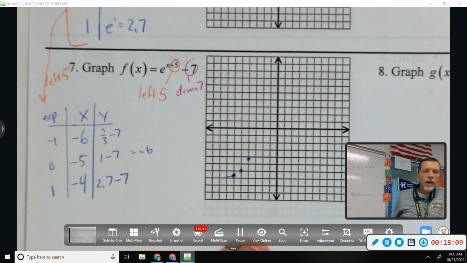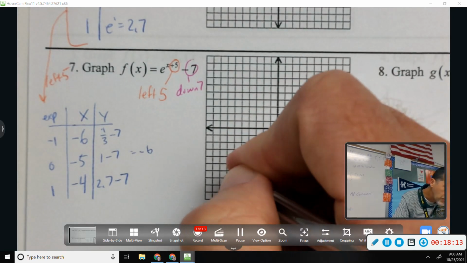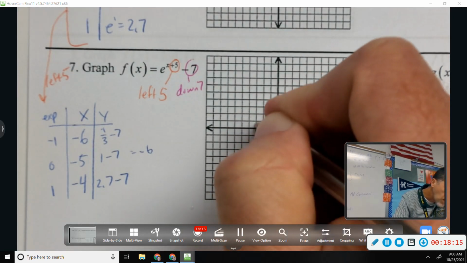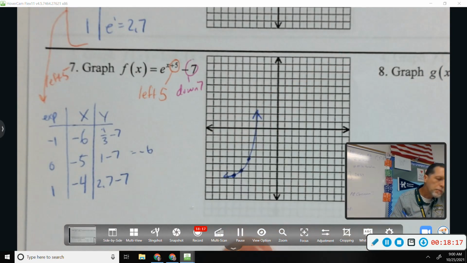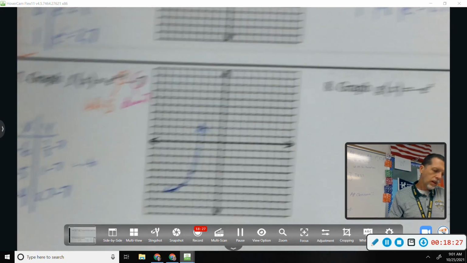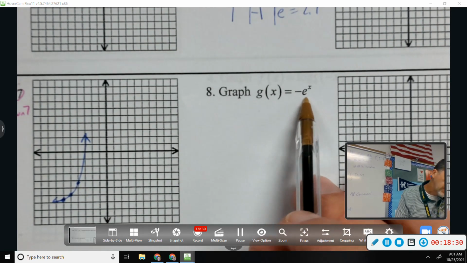So if I only graph 3 points, you might think it's a line, but we've graphed a bunch of these by now, and we know what the shape is. -e to the -x.